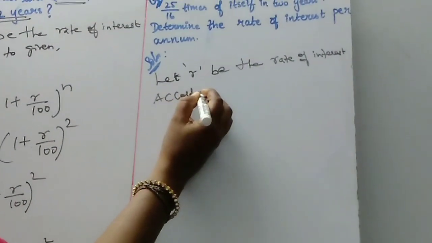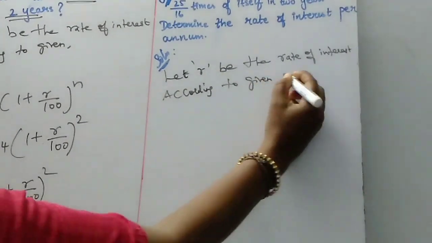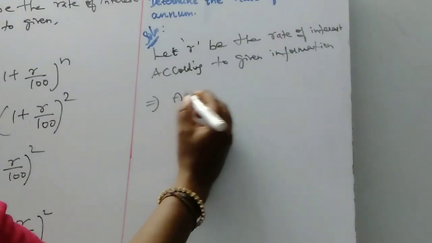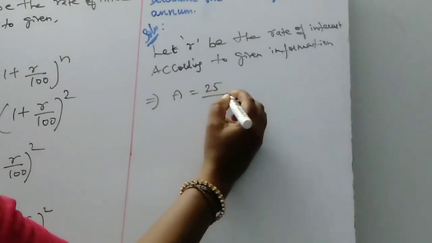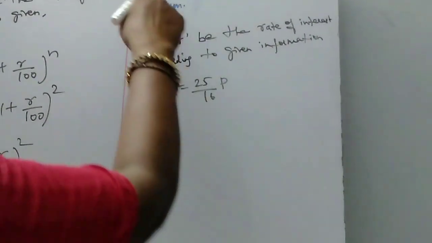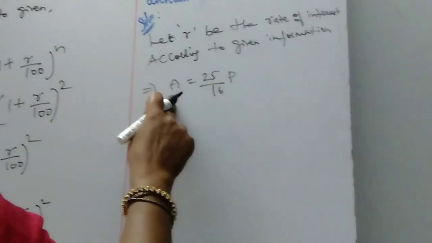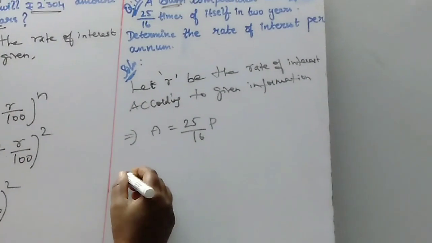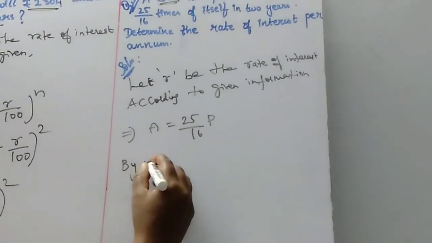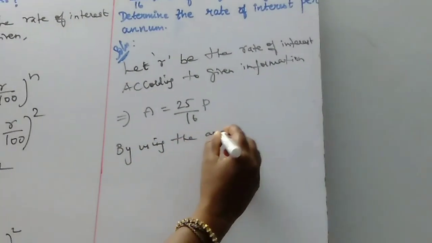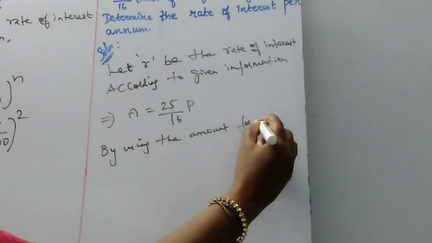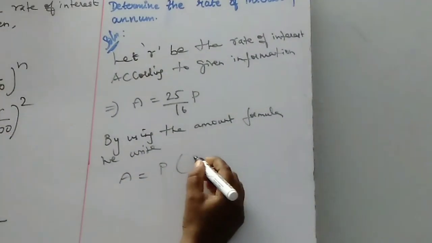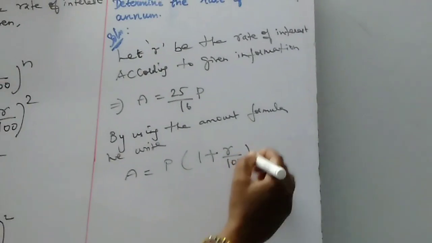According to the given information, the amount is equal to 25 by 16 P, because 25 by 16 times of itself means the amount value is 25 by 16 times P. By using the amount formula, we write amount equal to P into 1 plus R by 100 the whole power n.